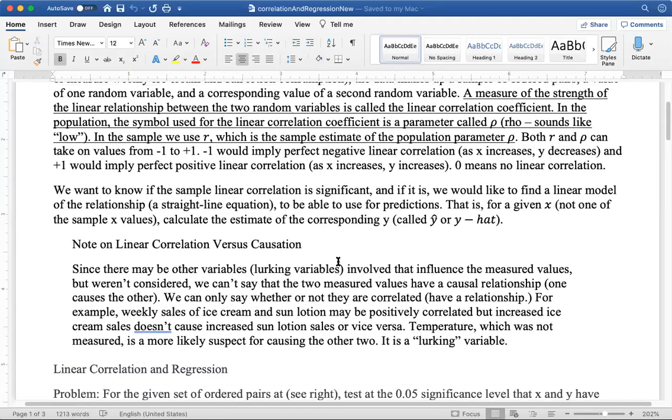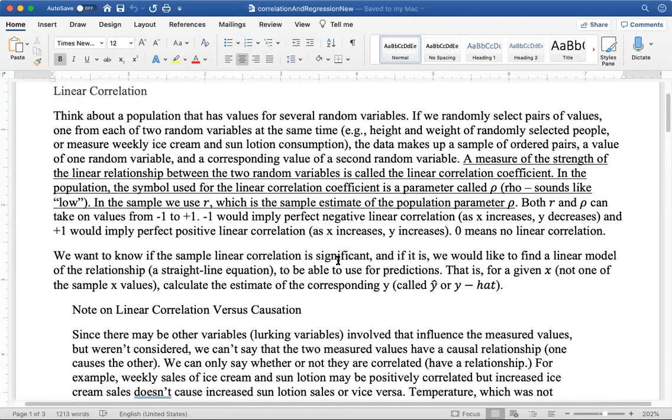So meanwhile, let's first look and see what the properties of this linear correlation coefficient are. For one thing, it can only take on values between -1 and 1. -1 would be perfect negative linear correlation. +1 would be perfect positive linear correlation.